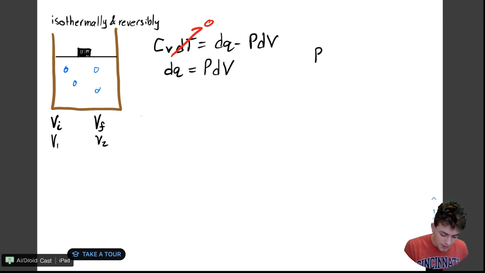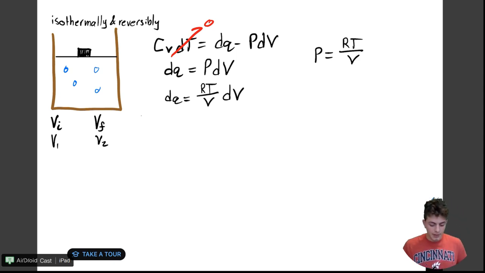Now, that also means that since we're dealing with an ideal gas, the pressure is going to be equal to RT over V, where V is some sort of specific volume term. So let's go ahead and throw that in this expression as well. Again, that comes from the fact that we're doing this reversibly. Now, we only have one changing variable on the right-hand side of the equation, and that is going to be volume. So we can go ahead and integrate both sides.